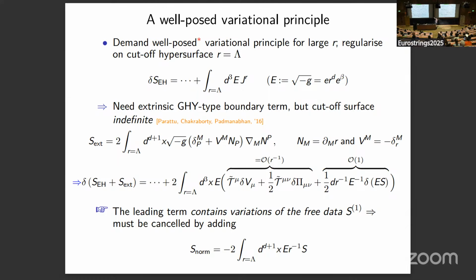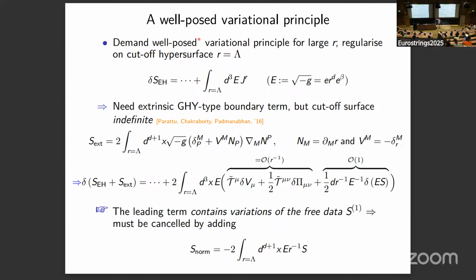Luckily, roughly 10 years ago, these gentlemen came up with a counter term that precisely deals with this issue, and it takes this form. And when we then add this, the variation takes this particular form. This part we like, it looks like what we had in the other slide, but this part we don't like because this precisely contains variations of free data.